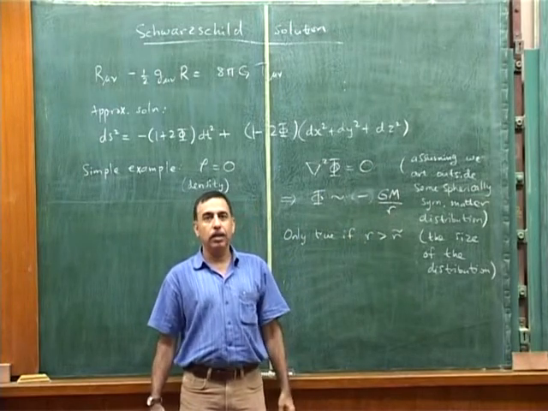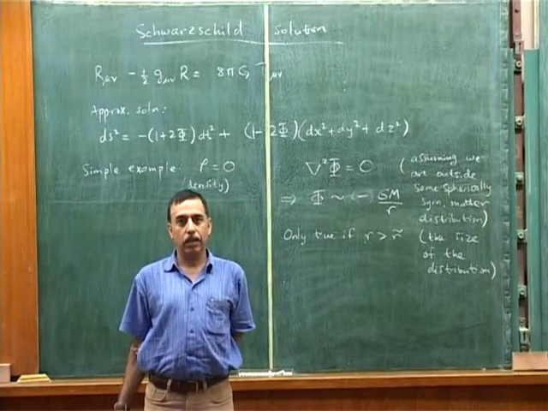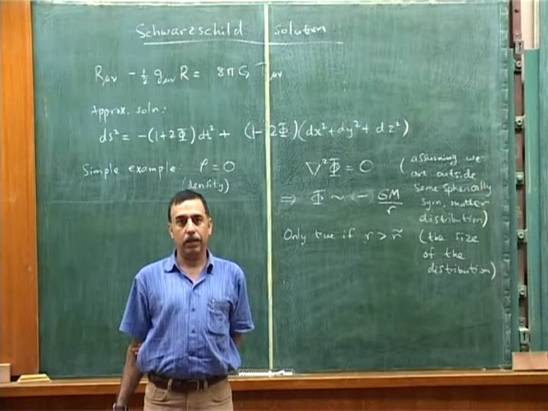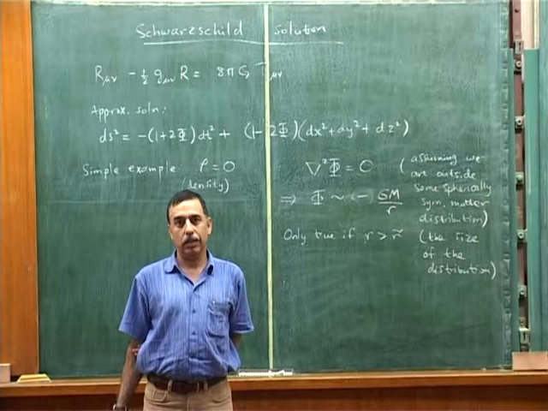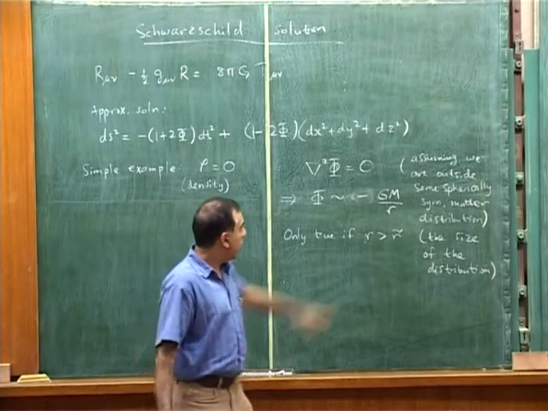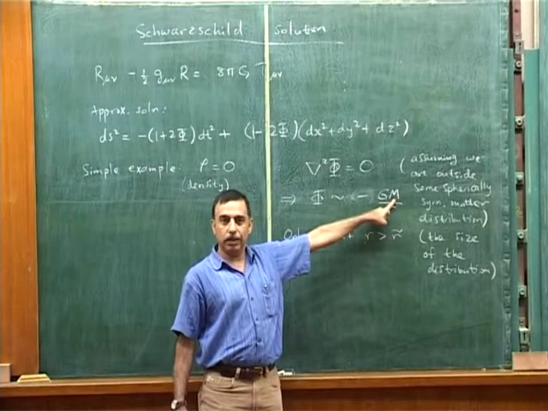Yeah? Sir, when you're saying it's true when r is greater than r tilde, so we are taking a very big spherical shell which has a radius greater than the mass distribution. Yes. Also, is it not that the mass enclosed within the shell, which means that rho equals some finite value? No. So this parameter is fixed by Gauss law, which counts the mass enclosed by the shell. That's correct.